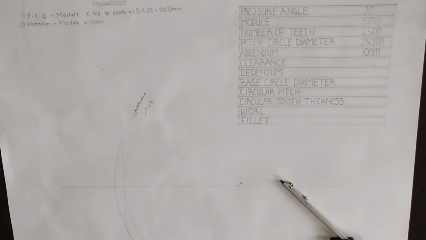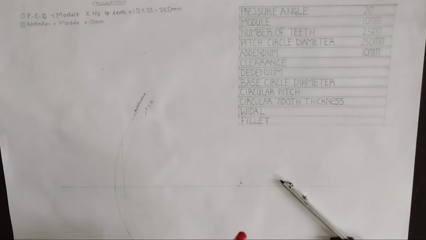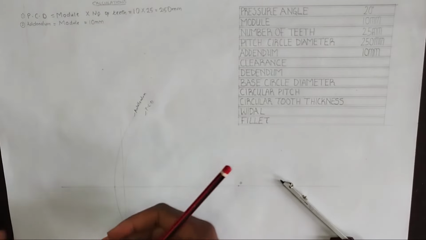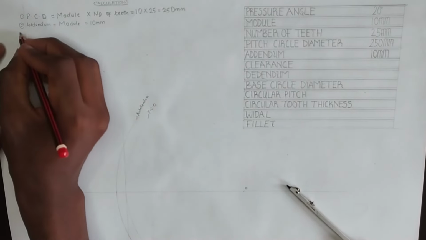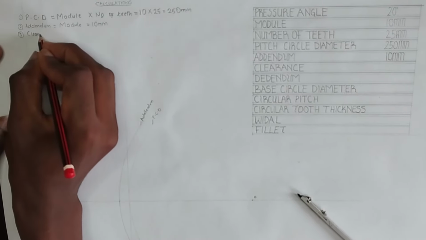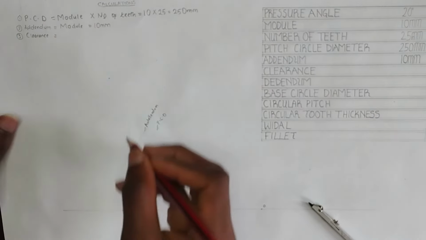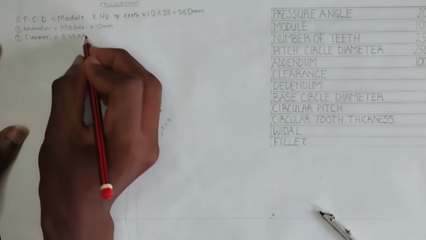Okay, so the next thing we are going to be finding is our clearance. And what is our clearance? Our clearance is the difference between the addendum and the dedendum. So in order to find our clearance, let's write clearance here. That is the third calculation we are going to be making. Our clearance is 0.25 times the module.